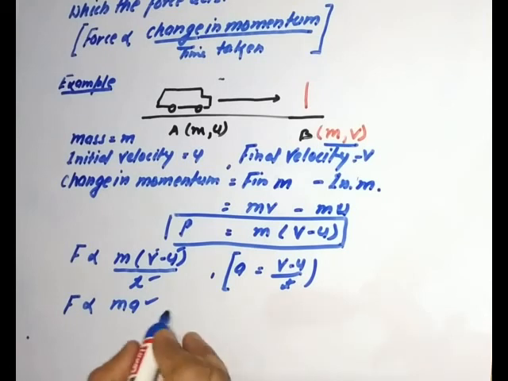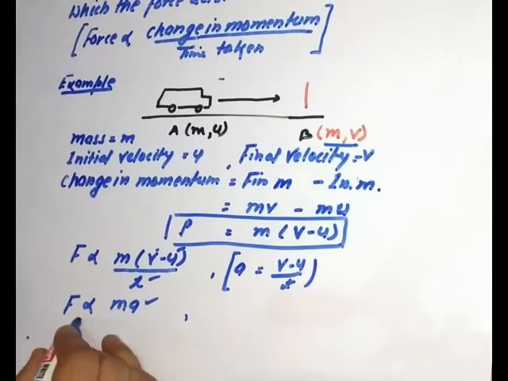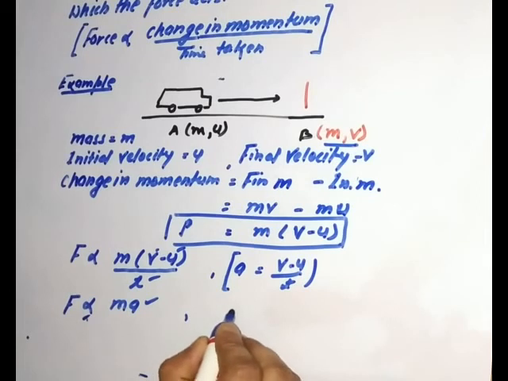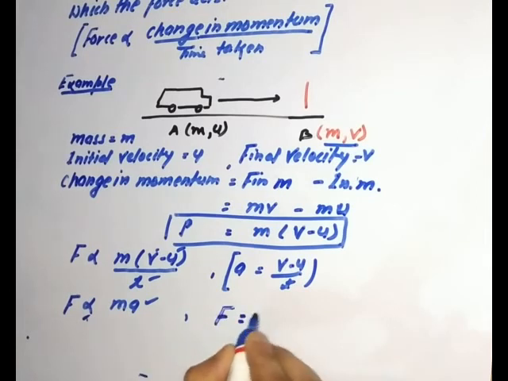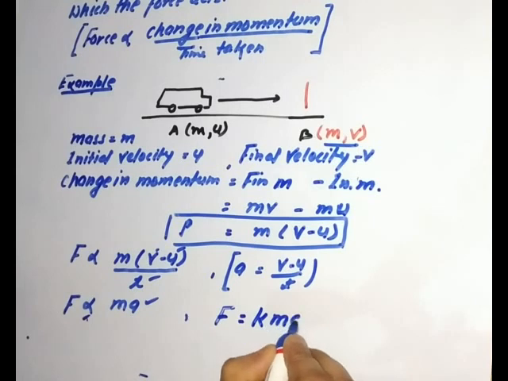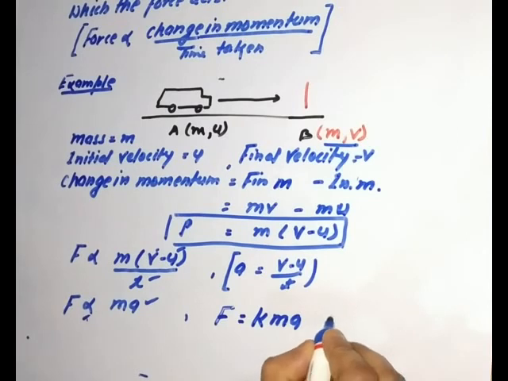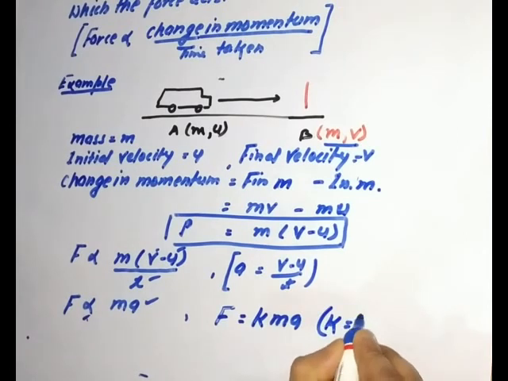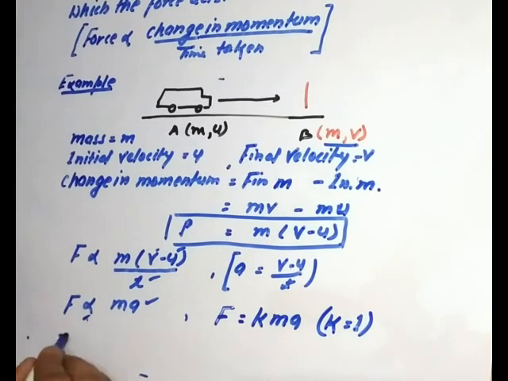Then here we can replace the sign of proportionality, and a constant should be introduced. F equals k ma. The value of k in SI unit is 1. K equals 1, so force equals ma.